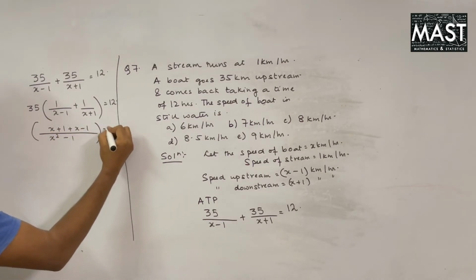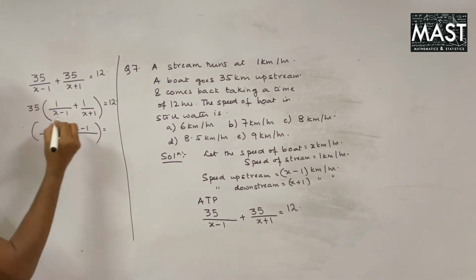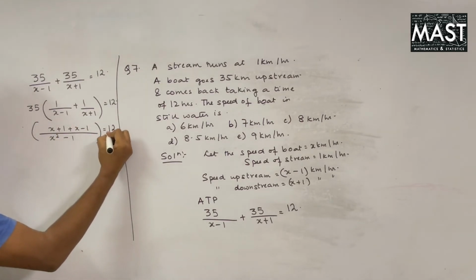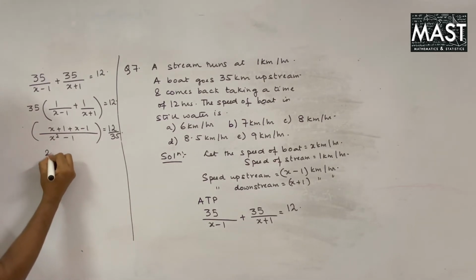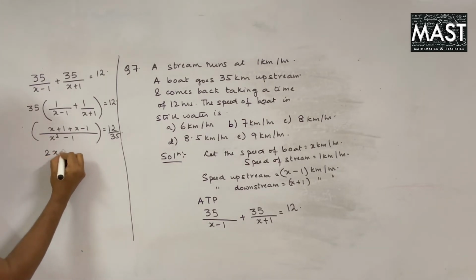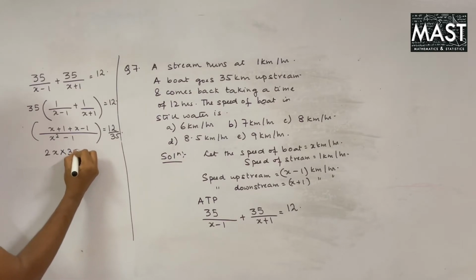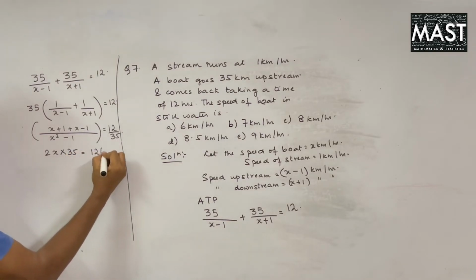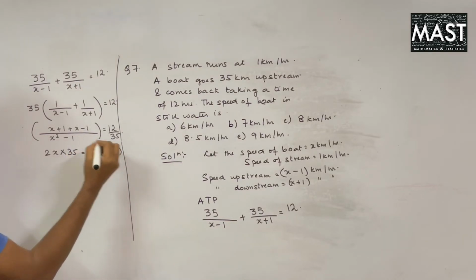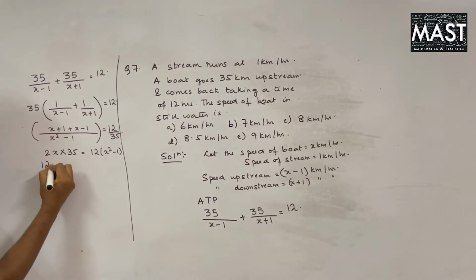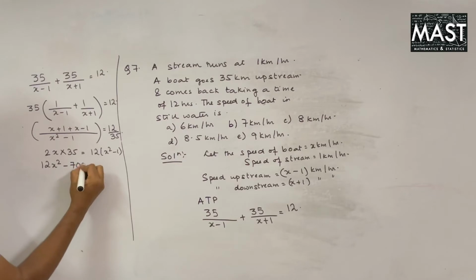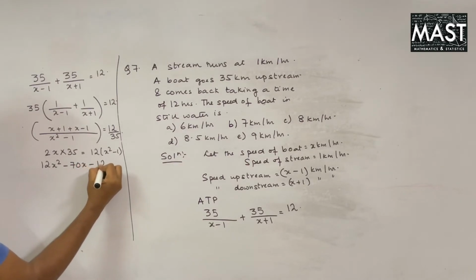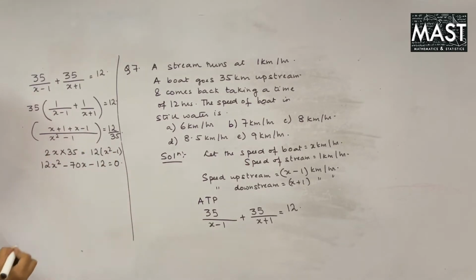So we will get 2x into 35, let me keep it like this, equals 12 into x square minus 1. So 12x square minus 70x minus 12 equals 0.